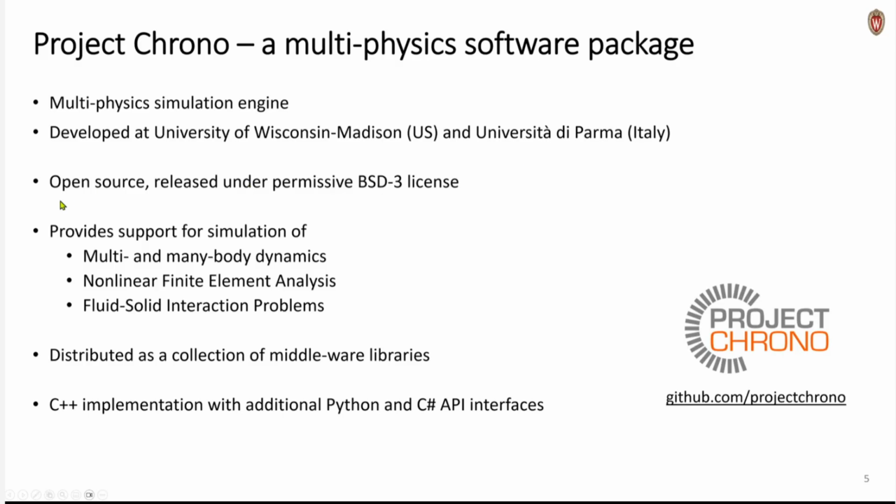What's important about it, it's open source, and it's also released under a very permissive license, meaning that this BSD3 license makes it possible for a company to just take this software and do whatever they want with it, sell it if they want, repackage it, extend it, without having to open up their own editions and things like that.